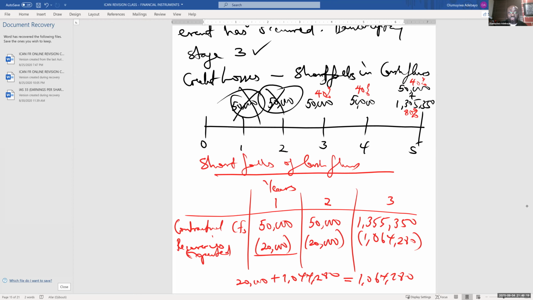What are the shortfalls? 30,000 in year 1, 30,000 in year 2, and in year 3 is 291,070. Therefore, what will I do with these shortfalls?